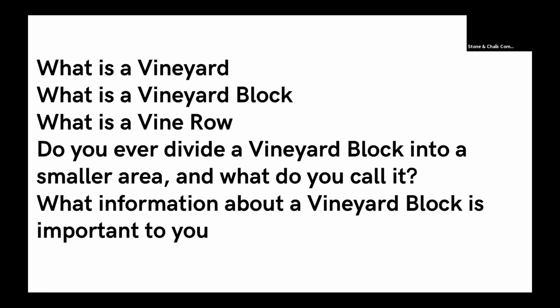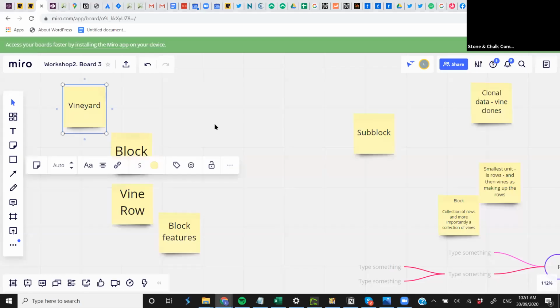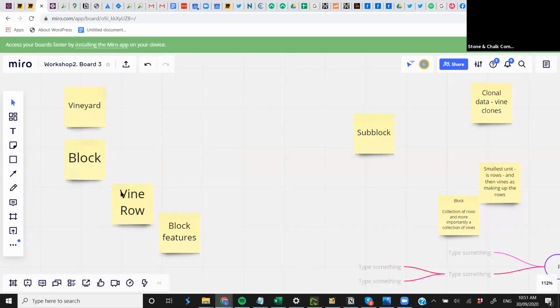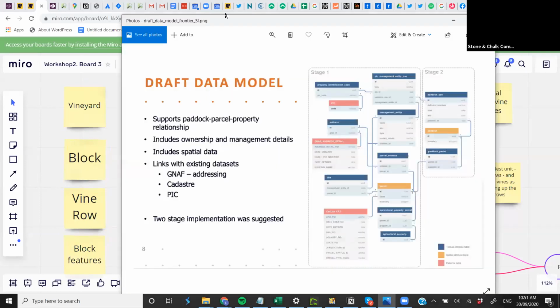Okay, cool. I'll just put these in sticky notes just for ease of setting this up. But these will be like those structural elements that were a little bit more in line with that Frontier SI schema example. So we'll break these down.